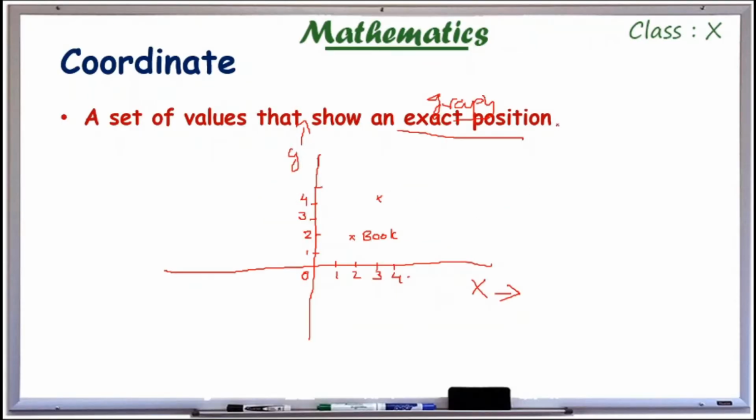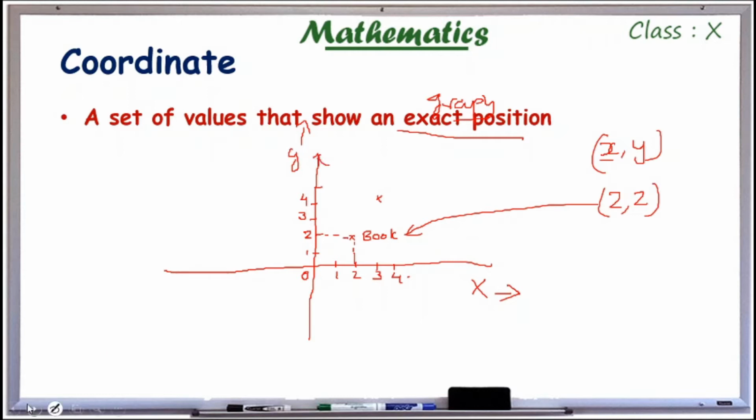Then we can represent a point using the coordinate x comma y. x is the value which lies on the x-axis and y is the value which lies on the y-axis. So on the x-axis I have 2 and also on the y-axis I have 2. So (2, 2) is the position of this book.